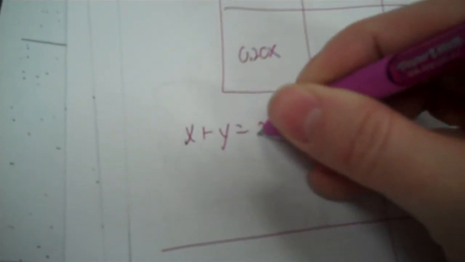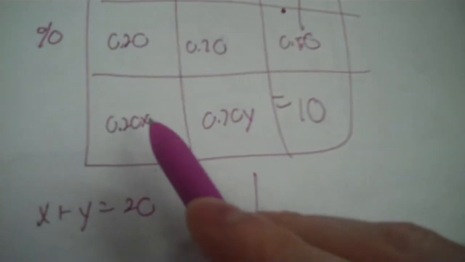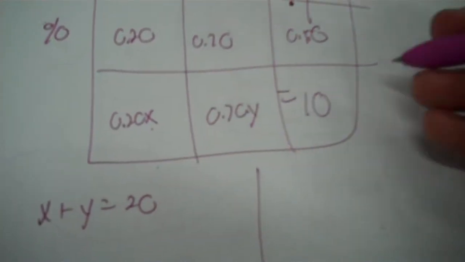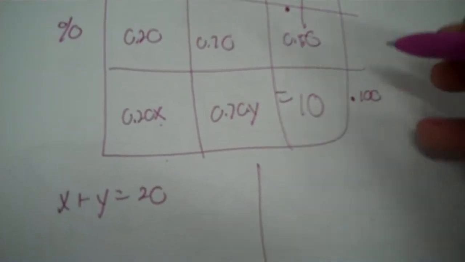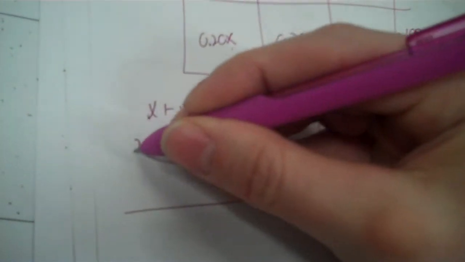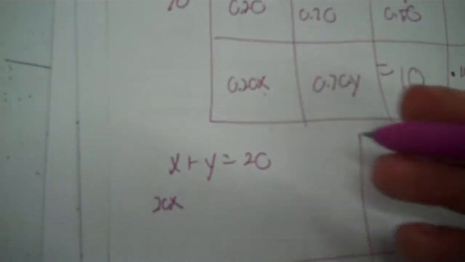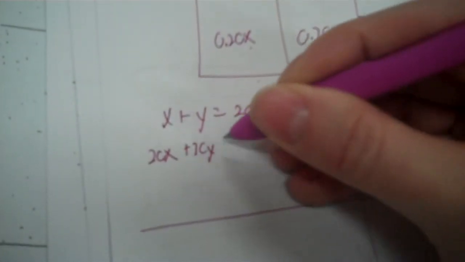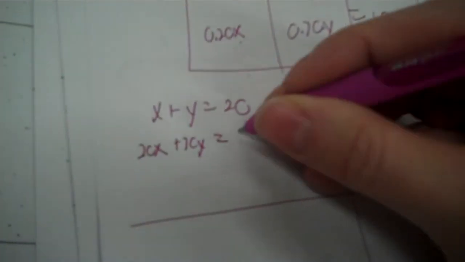So on one, we're going to have x plus y equals 20, and I really don't like those decimals in front of the x and the y, so I'm going to multiply all three of those by 100. So that's going to make it 20x. 0.70 times 100 is 70y. 10 times 100 is 1,000.